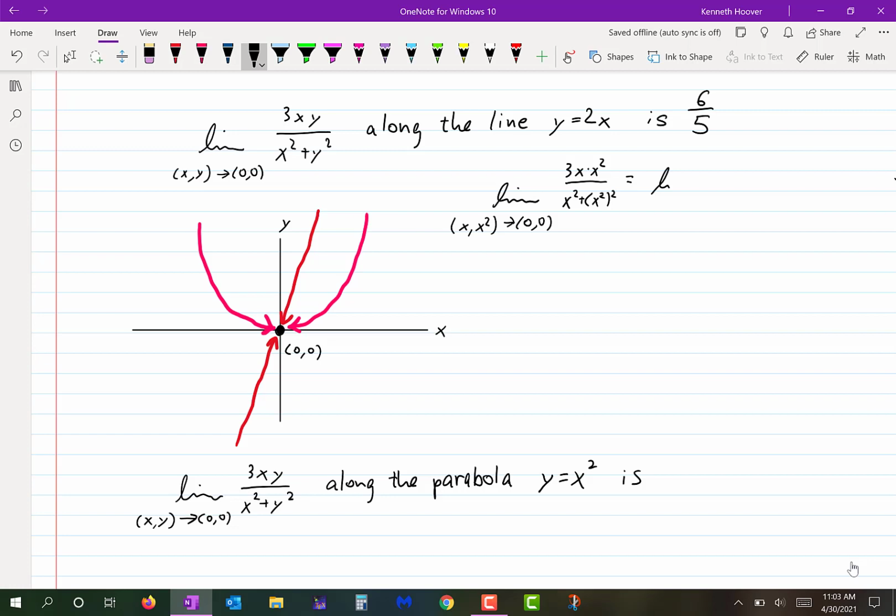So that's the limit of 3x cubed over x squared plus x to the 4th as x approaches 0. I must use L'Hopital's rule on that, correct, because it's an indeterminate form of type 0 over 0.